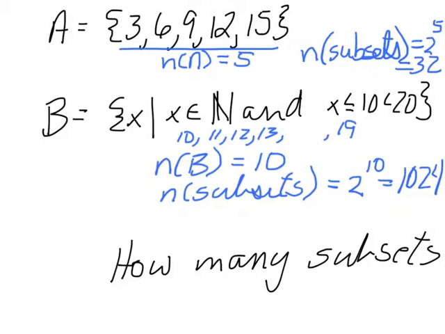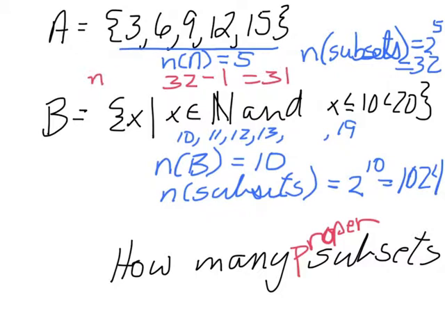So let's switch gears. What if I wanted to find proper subsets? So we'll do this in red. Well, the number of proper subsets would just be 32 minus 1, which is 31.